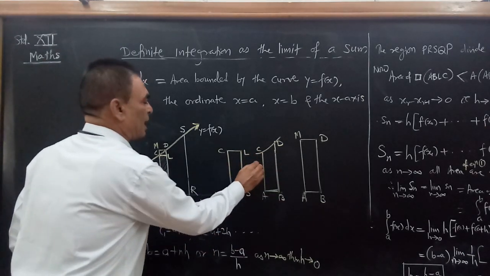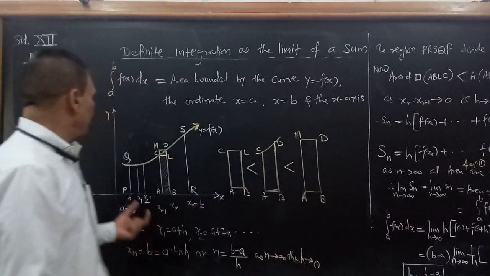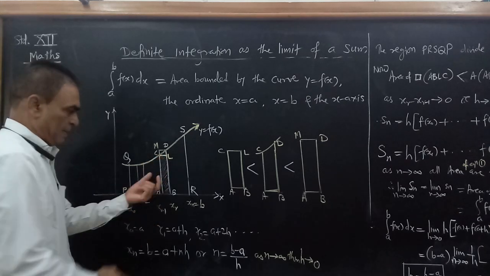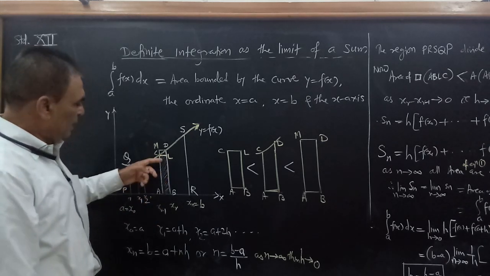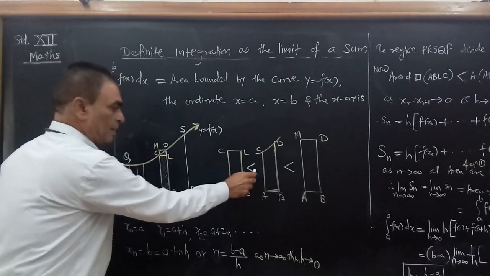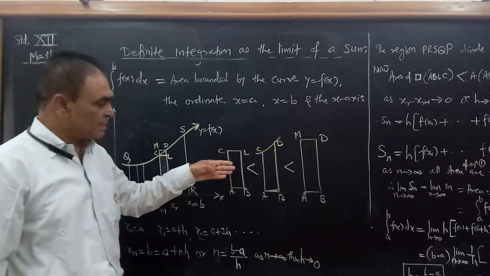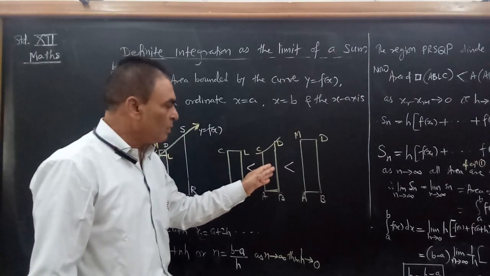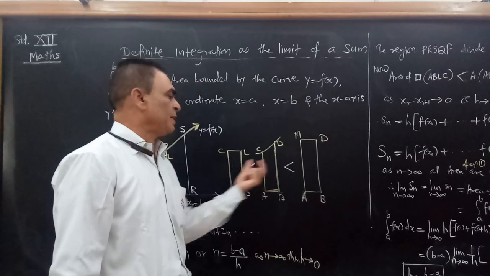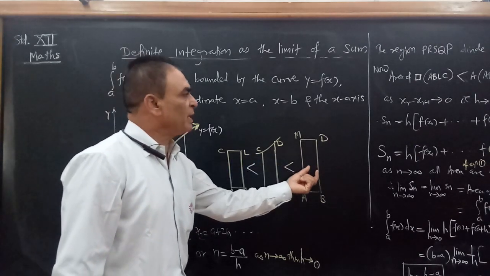What is the relation between these three areas? This is smaller as compared to this, and this is smaller as compared to this. Considering a small strip, the area under the curve is less than the area of the bigger rectangle and more than the smaller rectangle. Therefore, our required area lies between the smaller rectangle and the bigger rectangle.